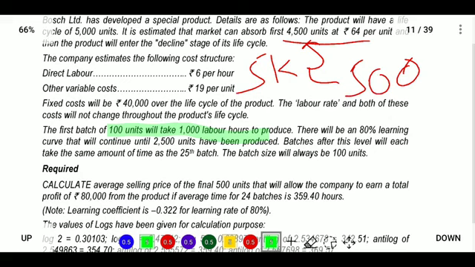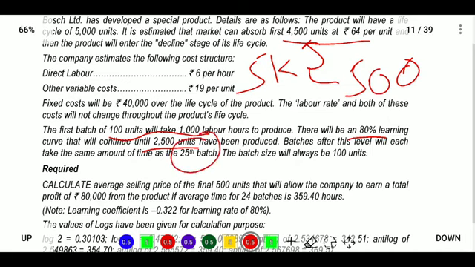Then there will be an 80% learning curve that will continue until 2500 units have been produced. Batches after this level will each take the same amount of time, from the 25th batch.